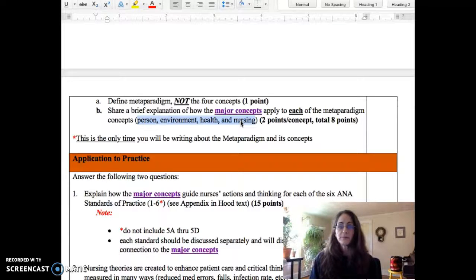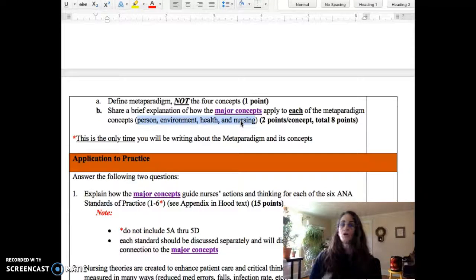So for environment, find one that fits. And again, make sure that when you are describing the concept of environment with your major concept, that it's clear to the reader that there's some discussion of your theory in that description.